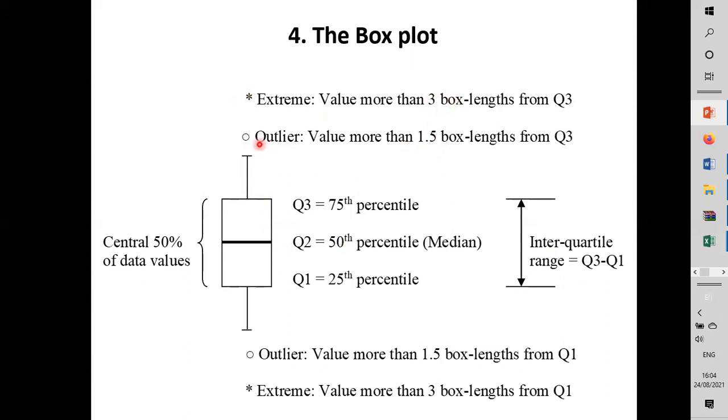An outlier can still be part of this population, just on the outer skirts. An extreme value perhaps doesn't belong to the population. It can be a typo, typing error. You go and correct it. If it's not a typo, then you must see whether to keep it or drop it.